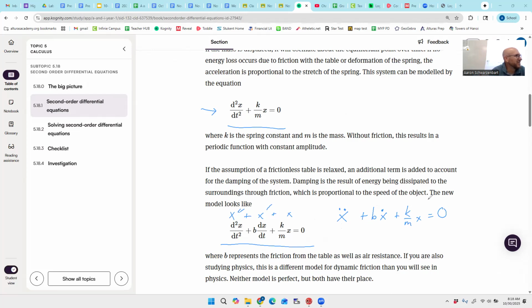Once I've gotten used to the dots, I think I like it better than the primes. It's a little less sloppy. So I kind of like the dot notation. You will likely see both in college.